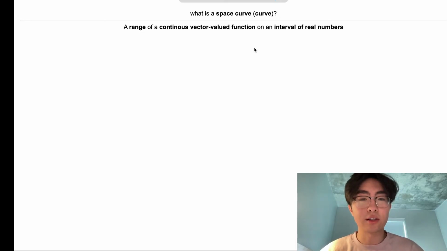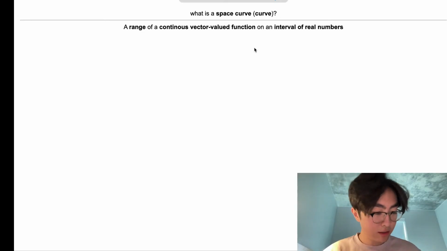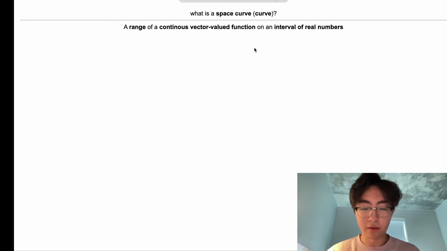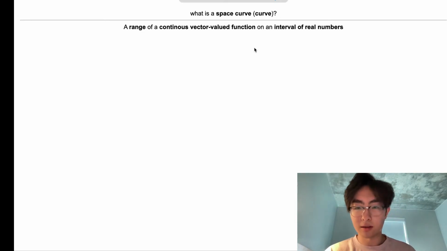So vector value functions, these are functions that, okay, maybe we should start at the top. So a function just maps a set of numbers to a set of other numbers. And most likely, the most common functions we know of, they're real numbers to real numbers.